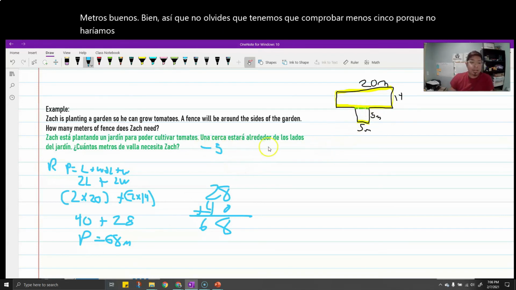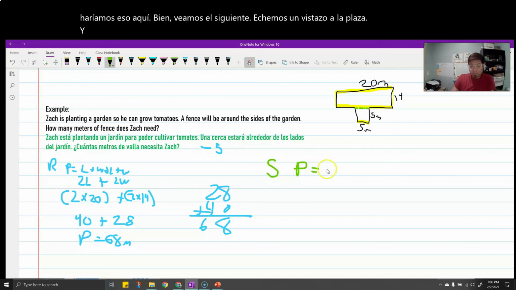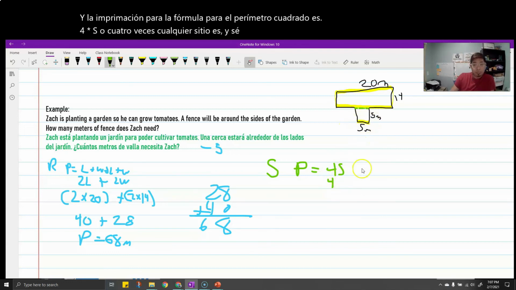All right, so let's look at the next one. Let's look at the square. The perimeter formula for a square is 4 times s, or 4 times whatever the side is. And for a square, we just need one side, which is 5.